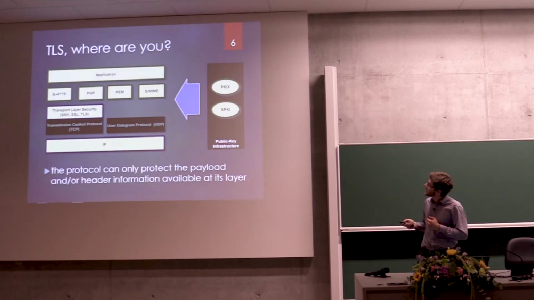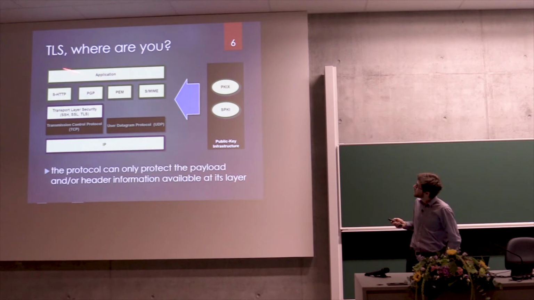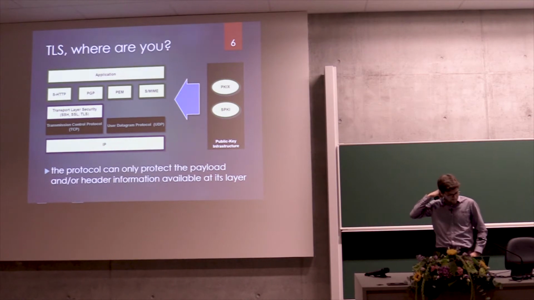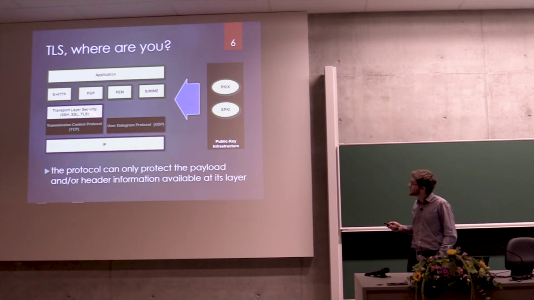And TLS is right here, above the TCP protocol, between the application and the IP layer. And it uses components from PKI, which you saw with Bart yesterday. And so its aim is to secure the communications from one application to the other.